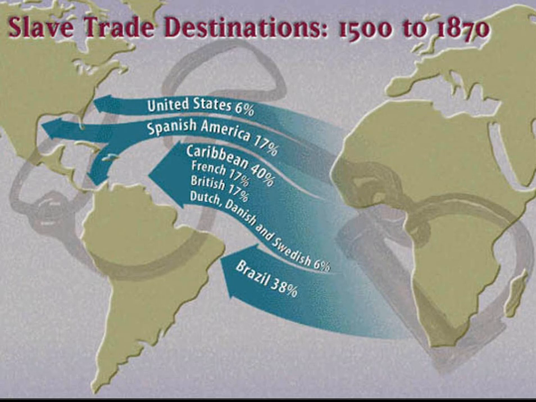And the vast majority of African slaves will go to the Caribbean islands, as you can see here, and also to Brazil. Why those areas? Because those are the areas that are going to start farming sugarcane in massive quantities in the mid 1500s. And sugarcane requires a massive amount of labor.